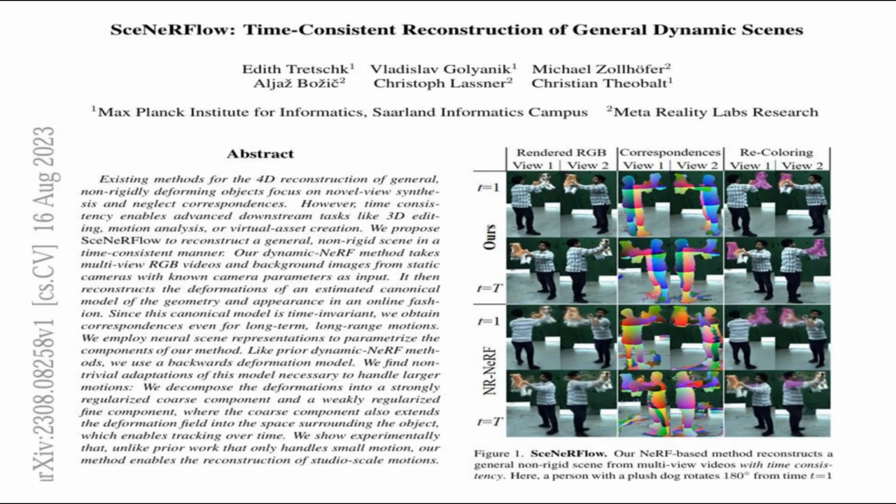This SceNeRFlow introduces a dynamic neural radiance field. Yes, there is NeRF, neural radiance fields. We have already discussed in a few episodes before, that reconstructs objects while preserving long-range temporal coherence.